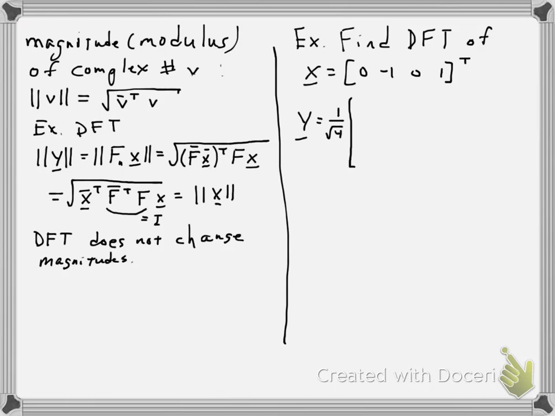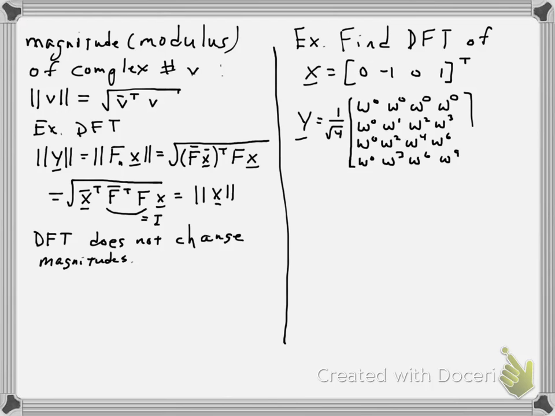So first I'm going to write it out in terms of omegas. We have an omega to the 0, omega to the 0, omega to the 0, omega to the 0 in the first row, omega to the 0, omega to the 1, omega squared, and omega cubed in the second row, omega to the 0, omega squared, omega to the 4th, omega to the 6th in the third row, omega to the 0, omega cubed, omega to the 6th, and omega to the 9th in the fourth row.